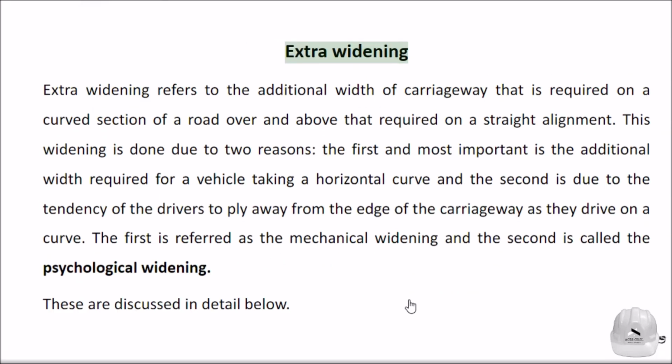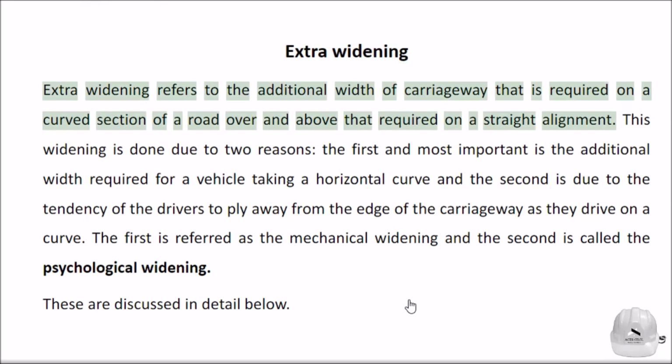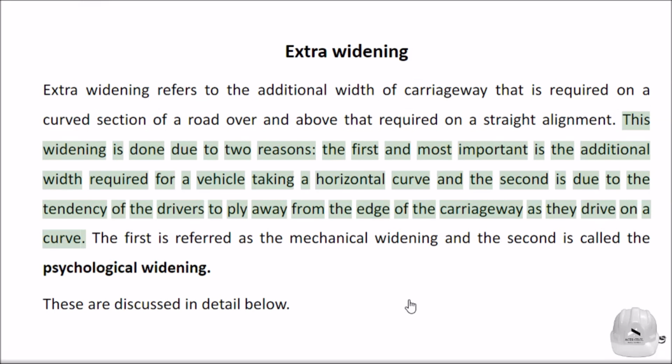Extra widening. Extra widening refers to the additional width of carriageway that is required on a curved section of a road over and above that required on a straight alignment. This widening is done due to two reasons.